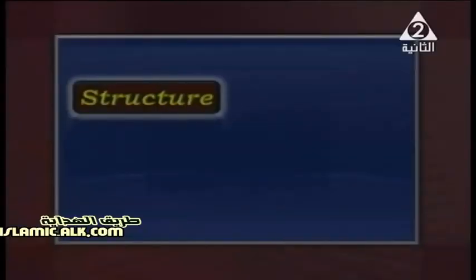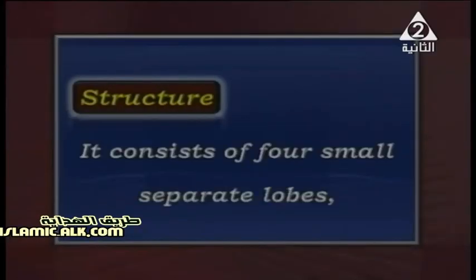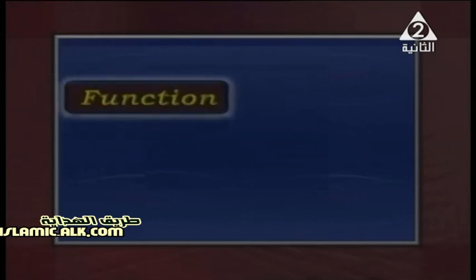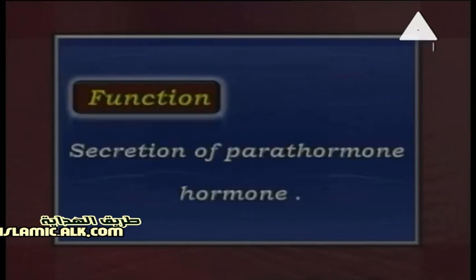Its structure: it consists of 4 small separated lobes, 2 on each side of the thyroid gland, and its function is the secretion of the parathyroid hormone.